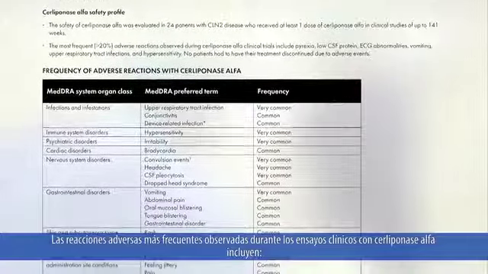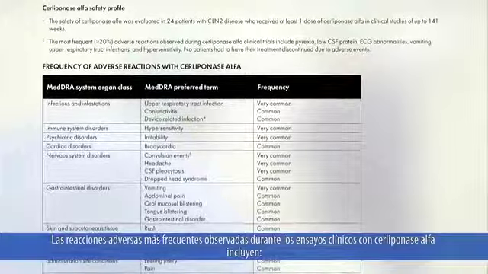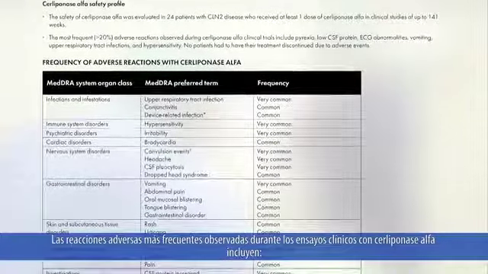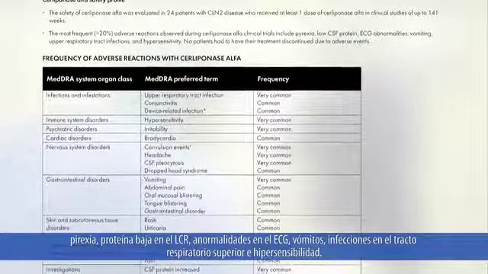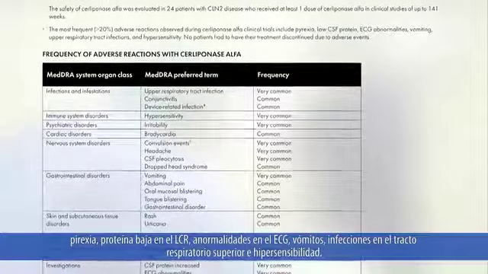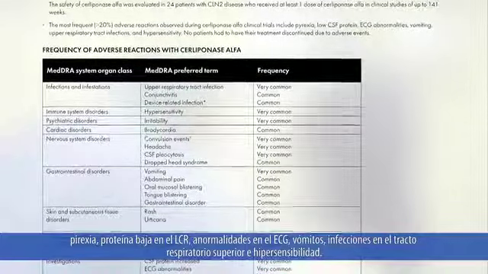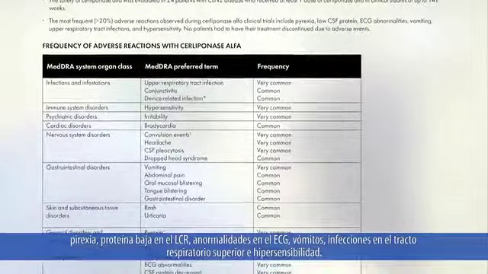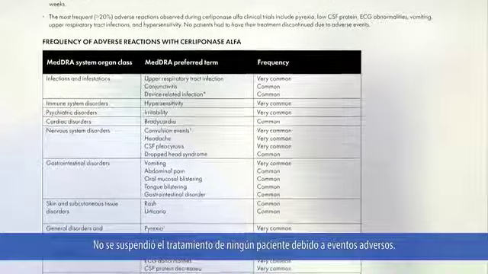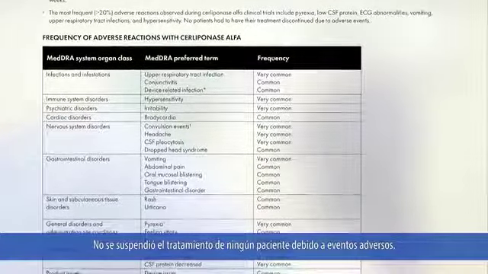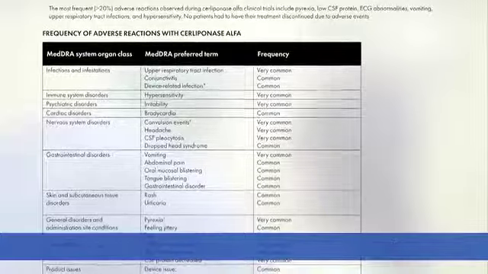The most frequent adverse reactions observed during solipinase alpha clinical trials include pyrexia, low CSF protein, ECG abnormalities, vomiting, upper respiratory tract infections, hypersensitivity. No patients had to have their treatment discontinued due to adverse events.